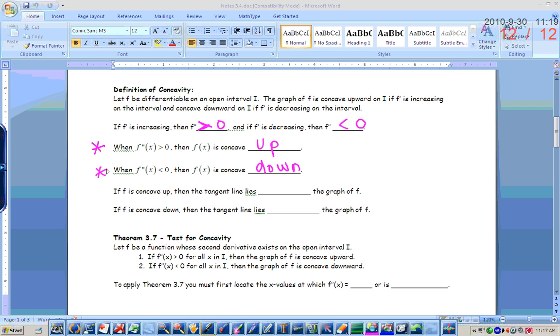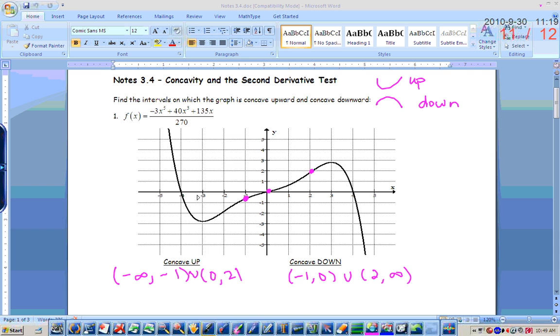Eventually, we're going to talk about it all together. But there are times, like the whole interval from -infinity to -1 is concave up, but part of it is increasing and part of it is decreasing. So you don't necessarily have to be just increasing or decreasing.